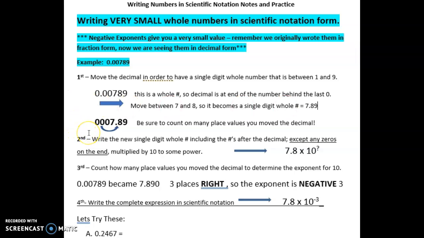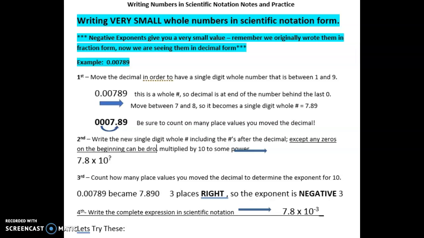Now let's rewrite the single-digit whole number, including the numbers after the decimal, but any zeros in the beginning can be dropped. So remember when we were doing large exponents, any place value zeros at the end could be dropped off. But now because we have a very small number, those zeros are in the beginning of the number.